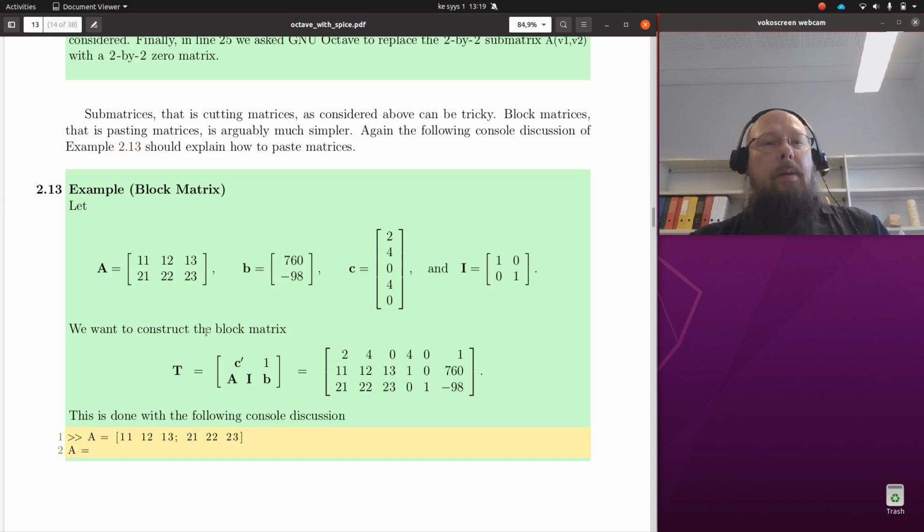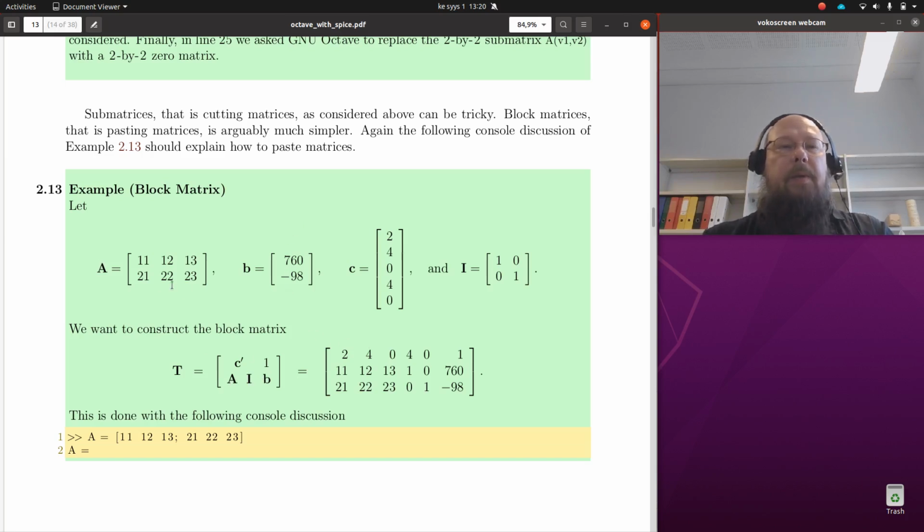Okay, so then we want to construct the following matrix. Let me call it T now, T for tableau, table. So I have first the C as a column vector, but as a row vector, so it's C transposed. And then I have number 1 here. Then below it I have the matrix A, then the identity matrix, and then the vector B as a column vector.